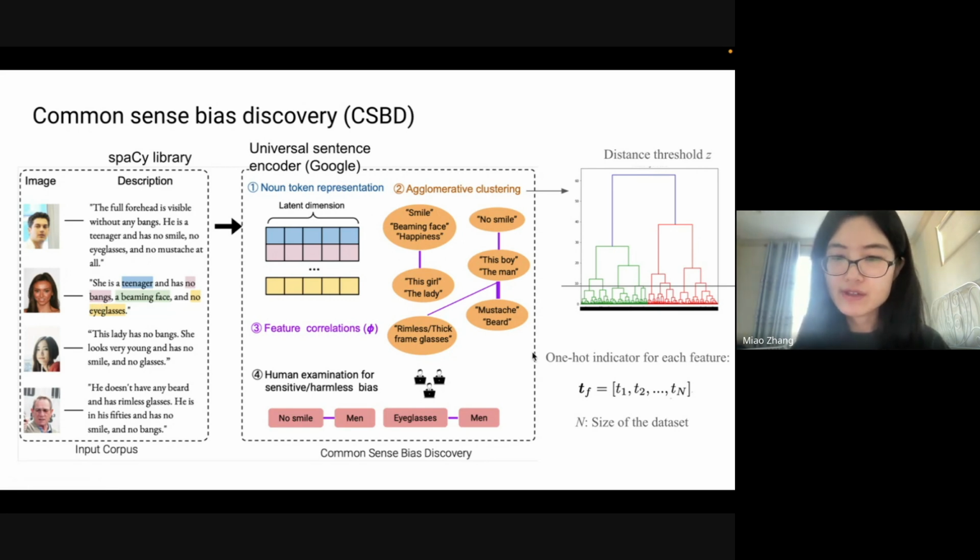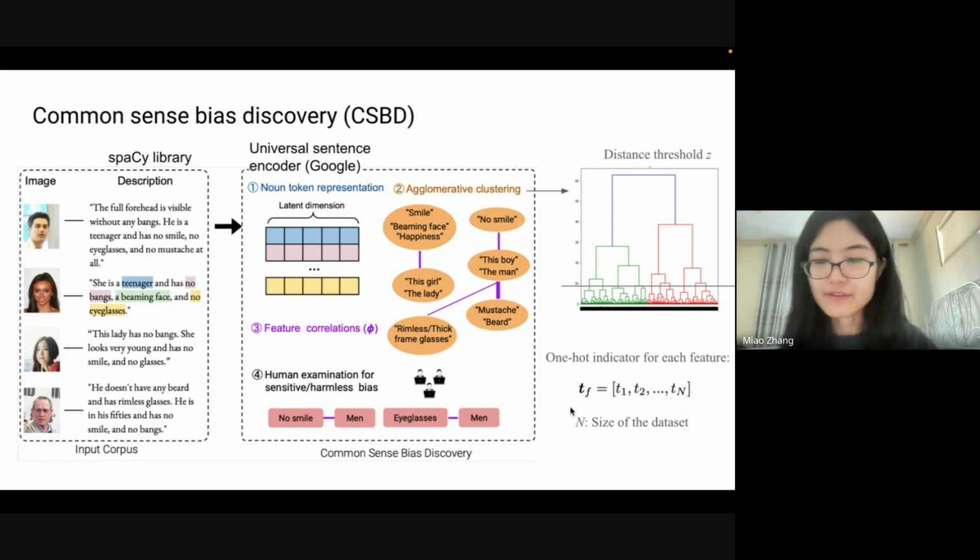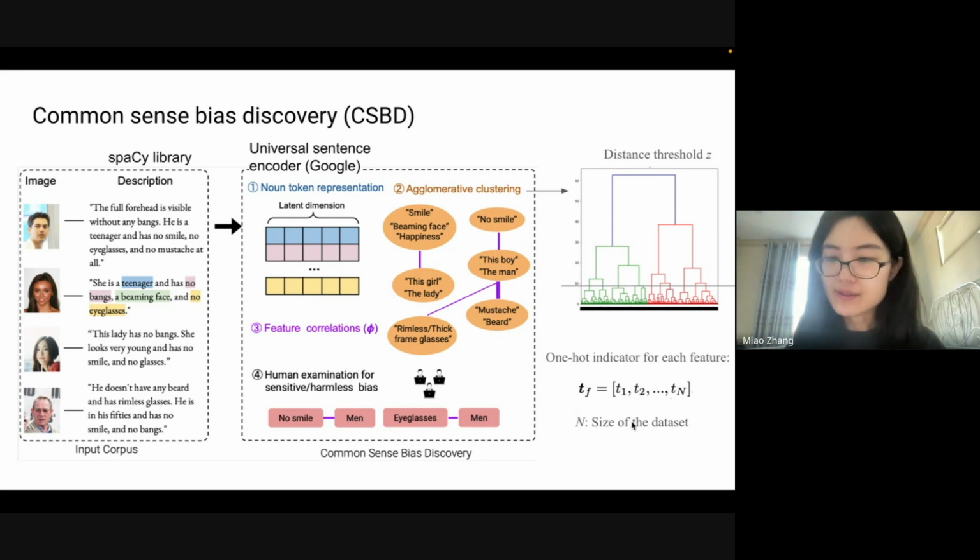So we can derive their distribution across the dataset as a one-hot indicator. The capital N here is the size of the dataset, and the indicator will be 1 if the feature appears in a sentence, and 0 otherwise.